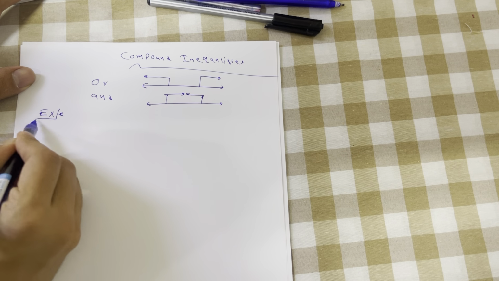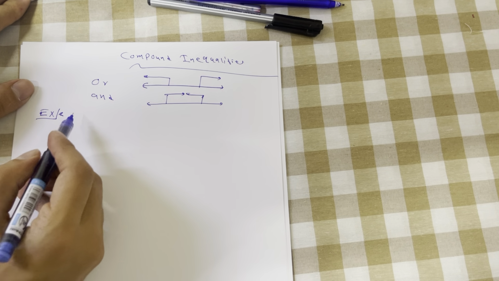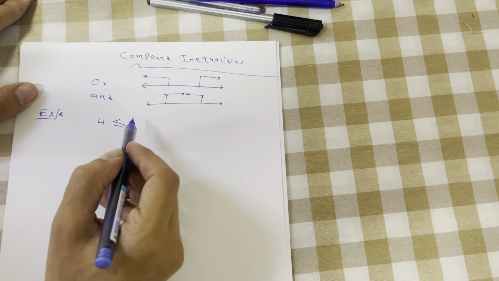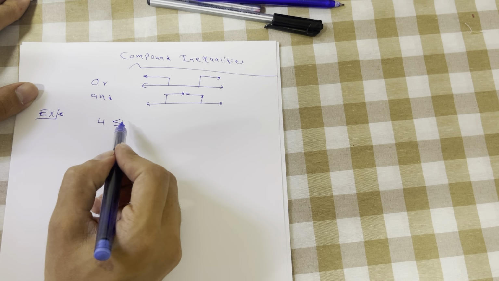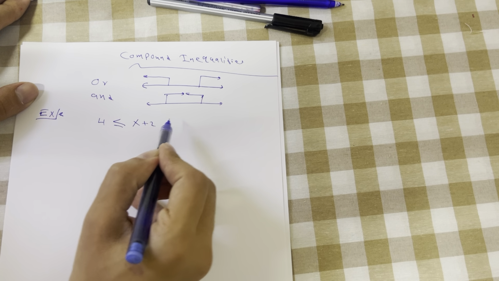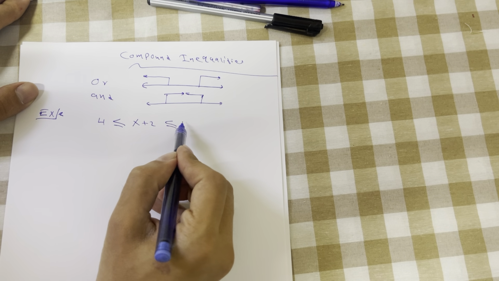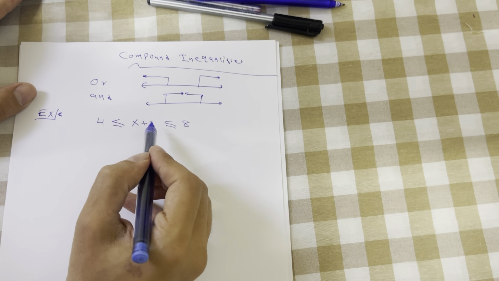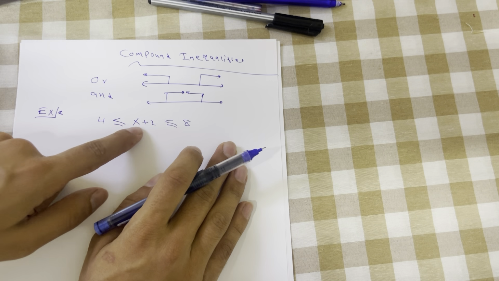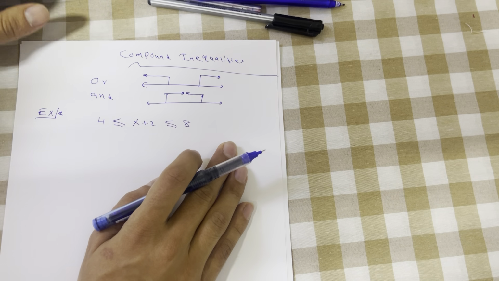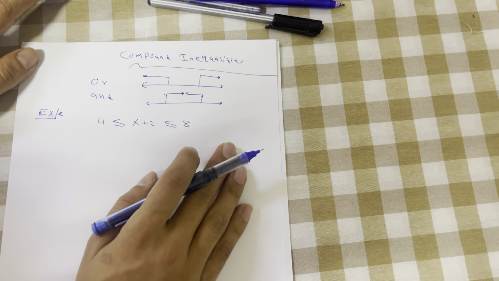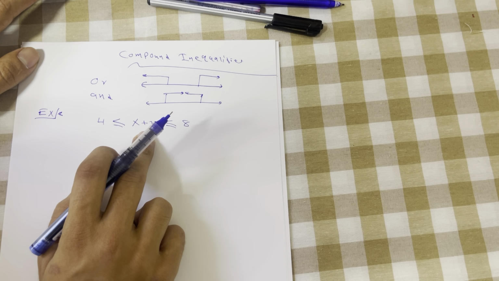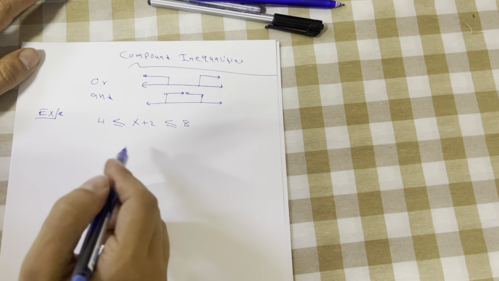We have some examples. Look at example number 2 on page 32: 4 is less than or equal to x plus 2, which is less than 8. When we have this type of problem, is it "or" or "and"? Because there is nothing mentioned about "or", this is "and".